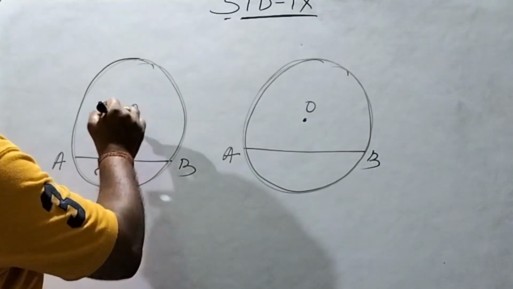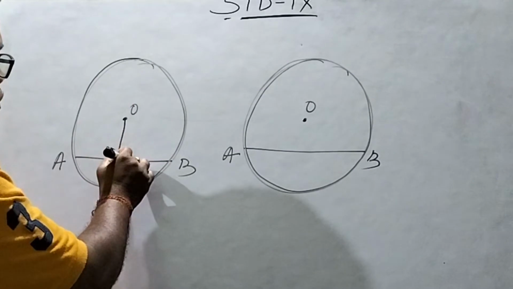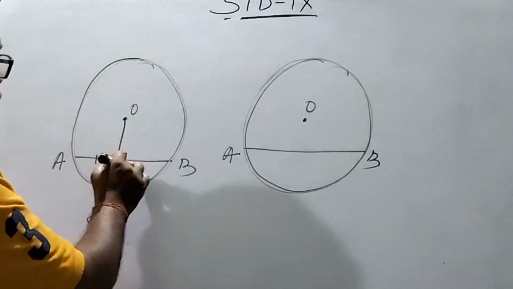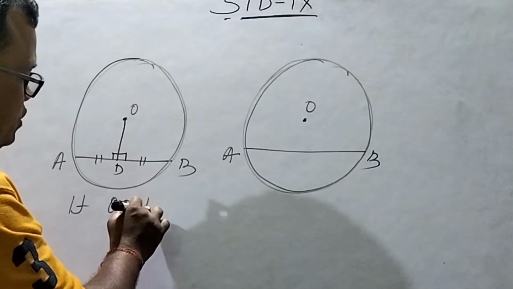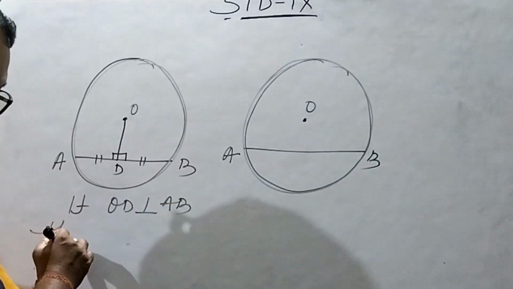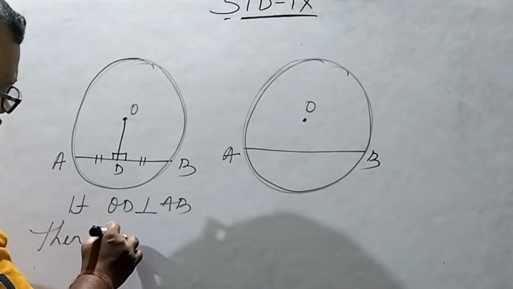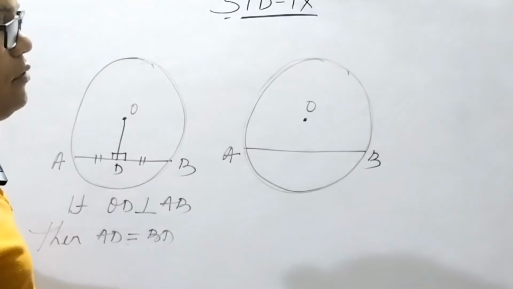This is the center. If you draw a perpendicular from the center to any chord, remember it will bisect it. If OD is perpendicular to AB, then you can get AD equals BD. Got it?